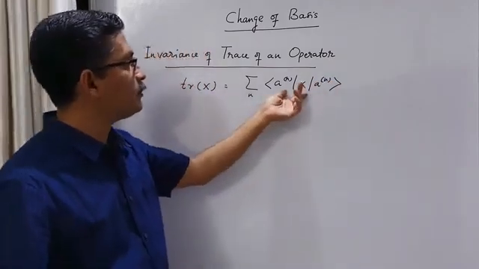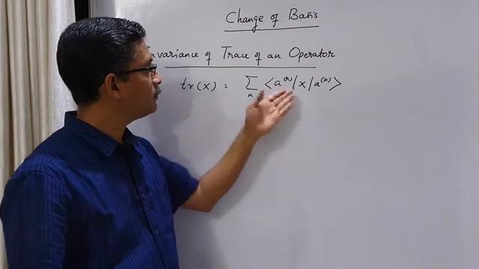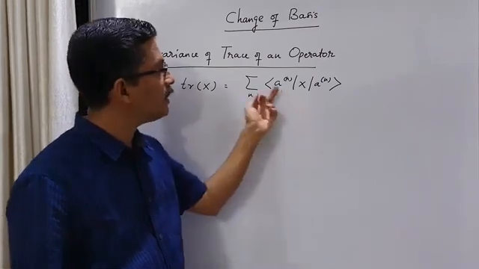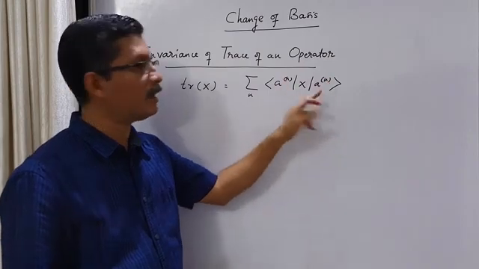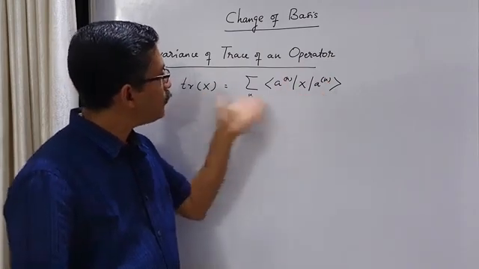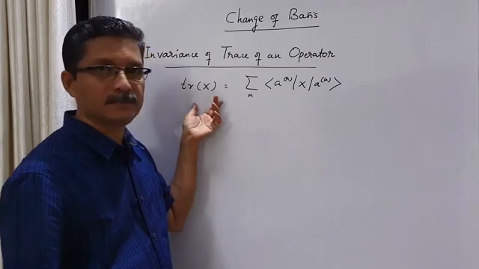These are the matrix elements of X in the basis A_n. So this is the trace. These are the diagonal elements because the row index and column index are the same, nth element. So the sum of such diagonal elements is the trace.